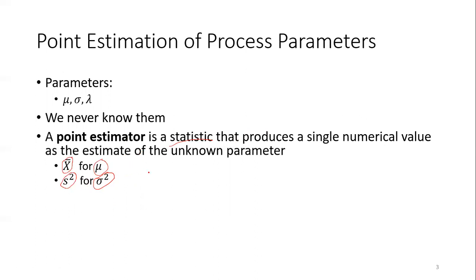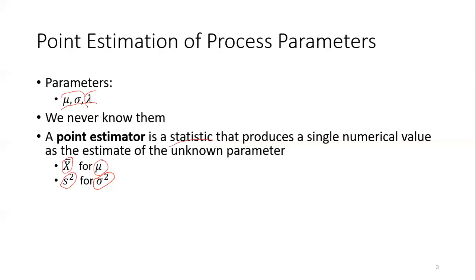So why do we need this? As previously mentioned, there are parameters for the distributions. So mu is a parameter. It generally shows the mean of a distribution. For normal random variables, we have mu and sigma, which are the two parameters of a normal random variable. Again, remember what a parameter is. If you know the parameter, you can calculate the probabilities, right? So if you know mu and sigma of a normal distribution, then you can calculate the probability associated with that particular normal distribution.